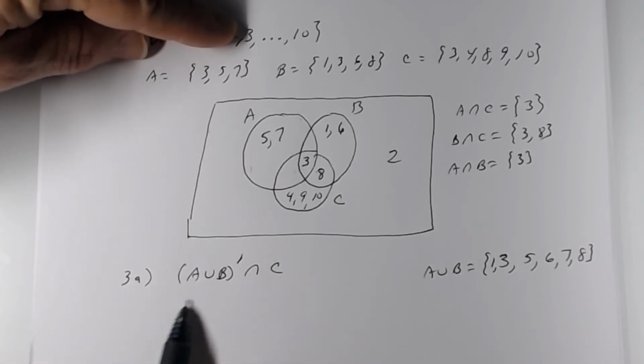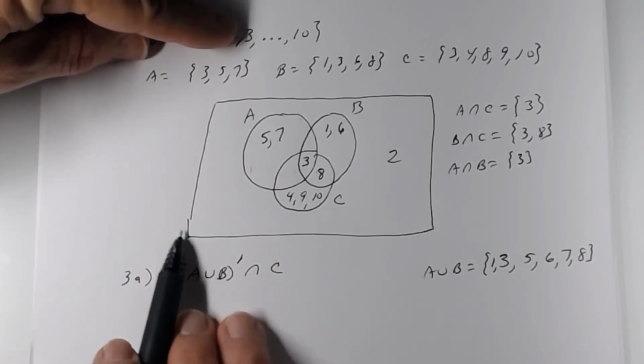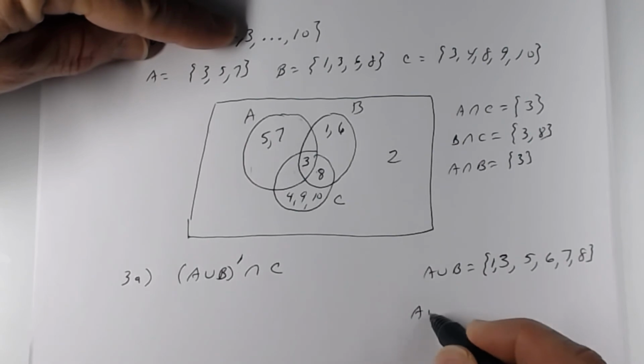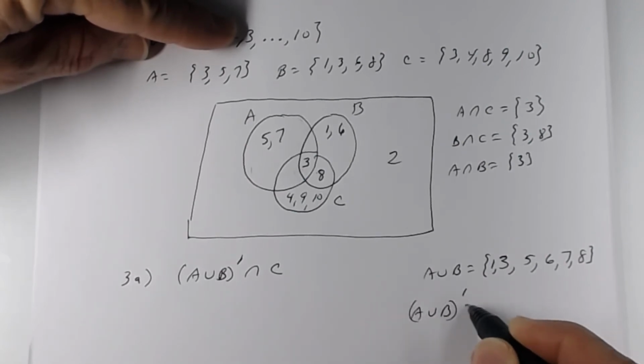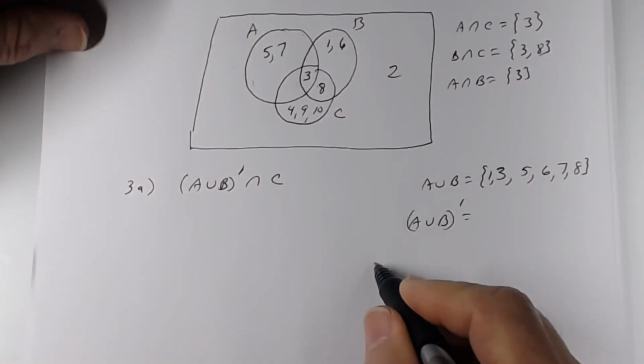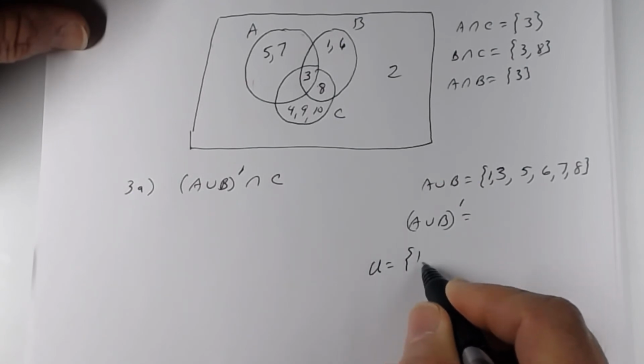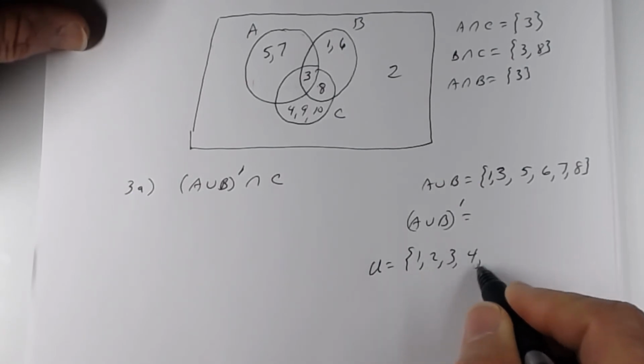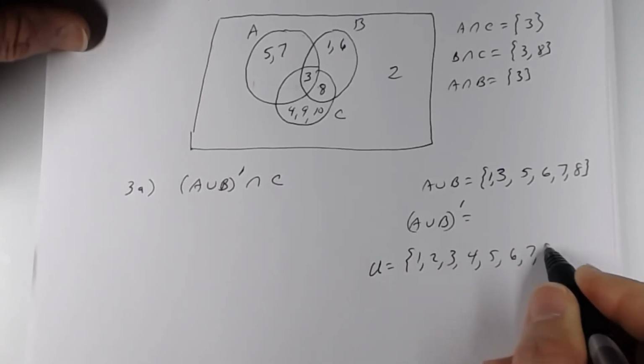But now I have to find (A union B) complement. Remember what that means? That means everything in the universal set, but not including which ones? A union B. So I'm going to rewrite the universal set again. Here's my universal set: 1, 2, and I'm actually going to list all the elements all the way to 10.